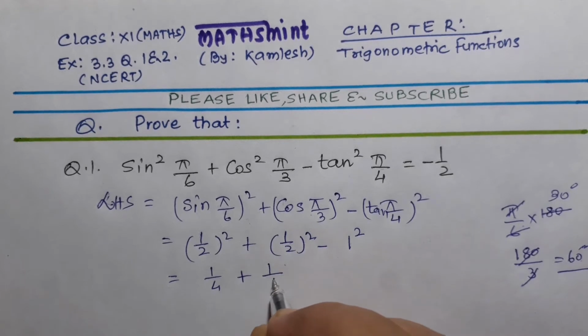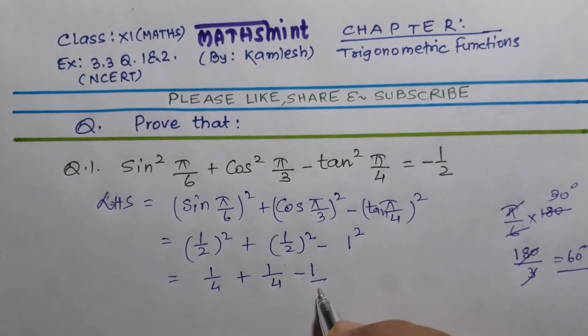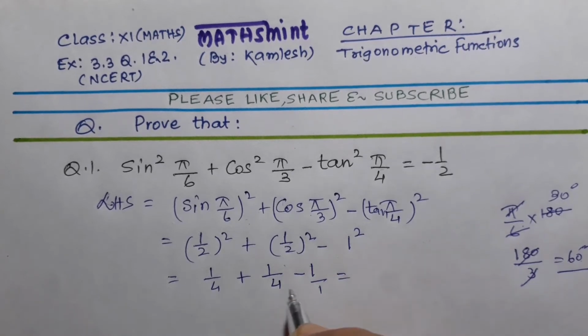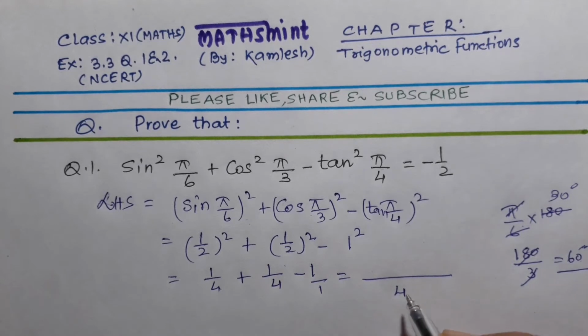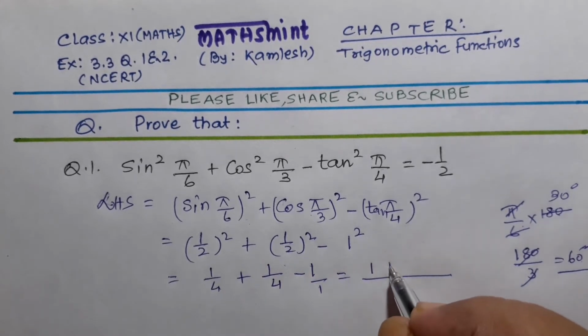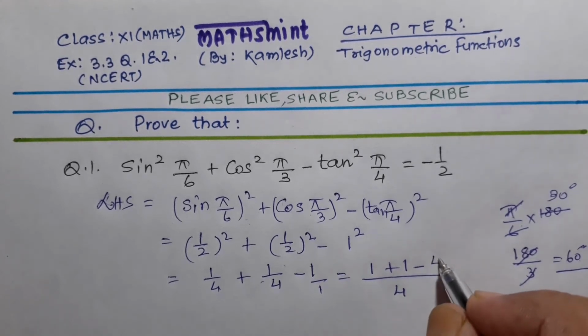Likewise, it will be 1 by 4 minus 1. 1 you can write 1 by 1. So LCM of 4 and 1 will be 4. So 4 divided by 4 will be 1, 1 multiplied by 1 will be 1. In the same manner, it will be 1 and this will be minus 1, 4 divided by 1 is equal to 4, 4 multiplied by 1 is equal to 4.